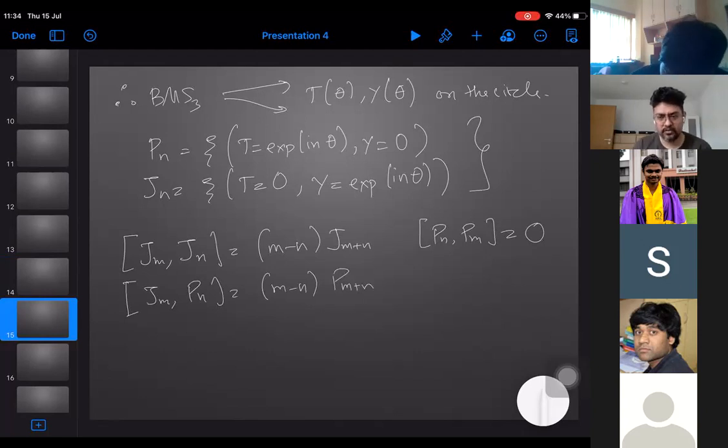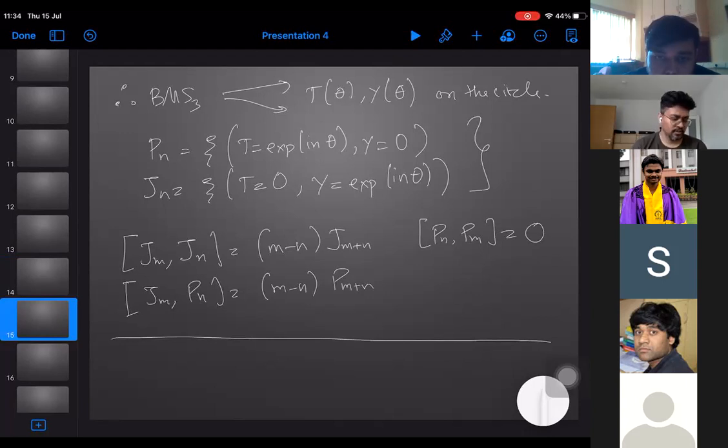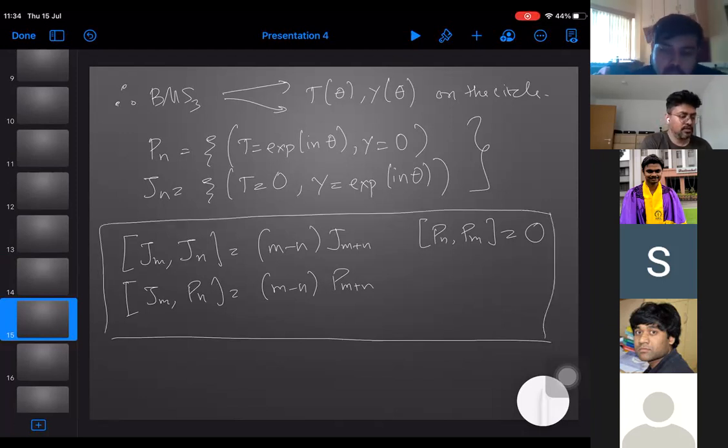Let me know if I'm going fast, then I can slow down. So this was the example for the BMS3 algebra from this method.